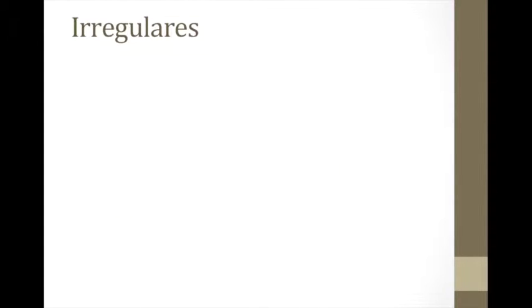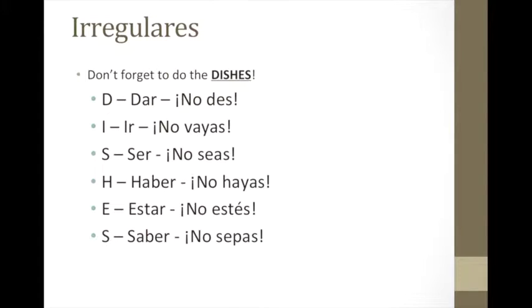There are irregulars for these as well. You have to remember all of your irregular yo forms as it is when we start with yo, but there are also five, or sometimes six if you consider it that way, irregulars when we have commands. A good way to remember it is don't forget to do the dishes. For dar, to give, we say no des. For ir, to say don't go, no vayas. Ser, to be, to say don't be, no seas.